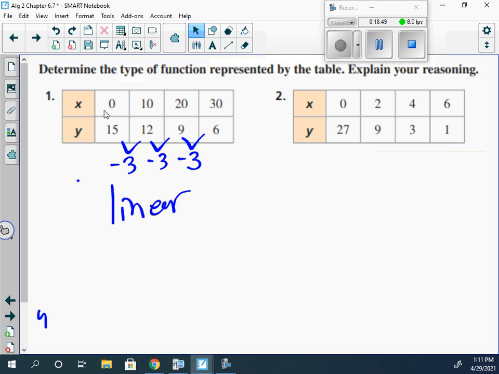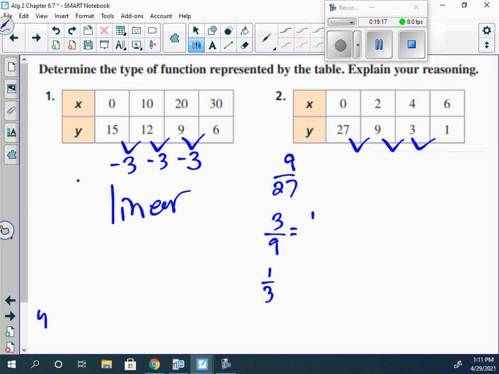With exponentials, it's a common ratio from one to the next. Because the quadratic or polynomials are not increasing at a constant rate. They're increasing faster and faster as the function gets bigger. Where exponentials, all the way across, 9 over 27, 3 over 9, and 1 over 3, for any of the numbers, we have this constant multiplication because we're just repeating that multiple.